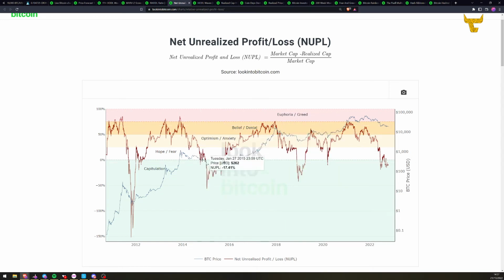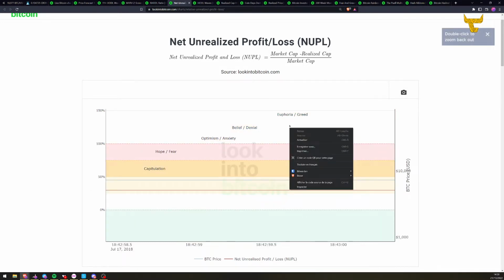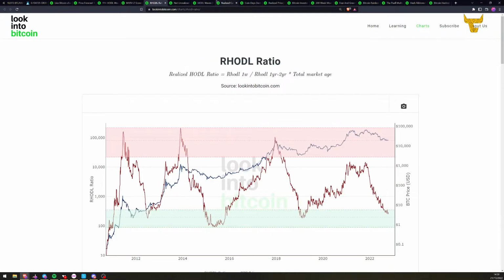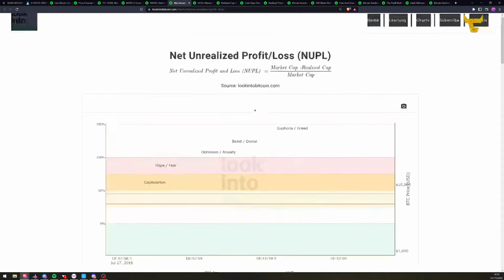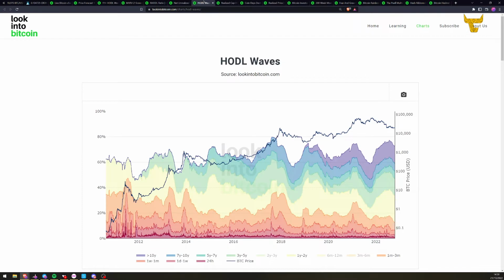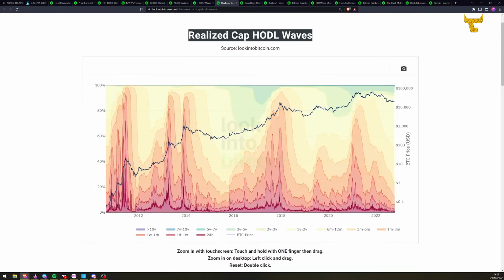And usually it's a good buy when people are selling at a loss. And we are in the green zone again. Still a significantly higher low compared to the last two previous ones, but it tends to be a little higher each time. So we have more losses than profit.